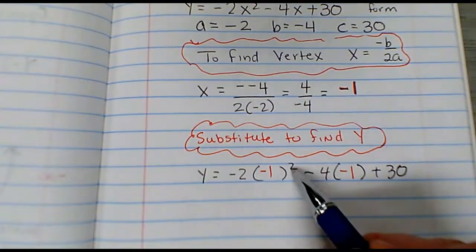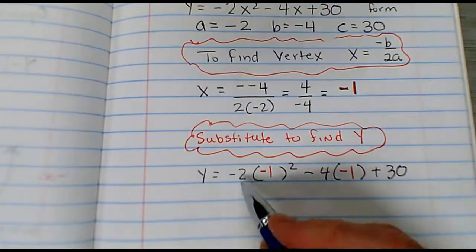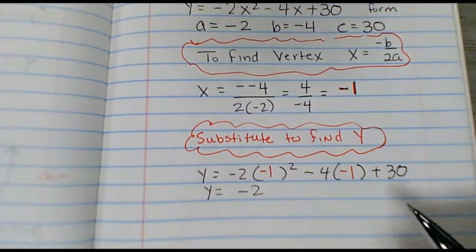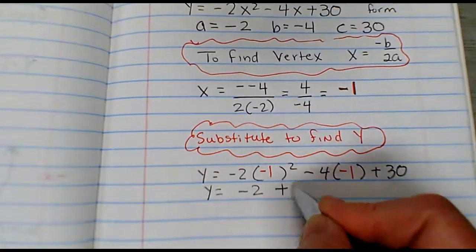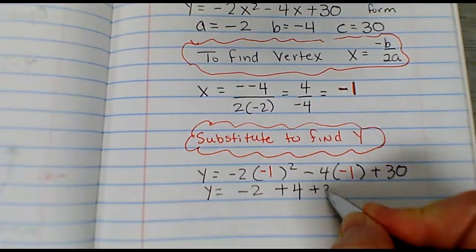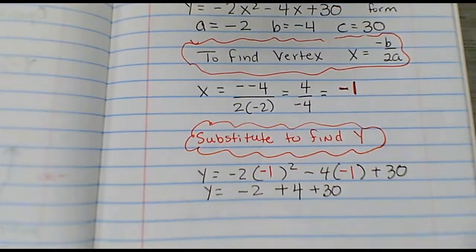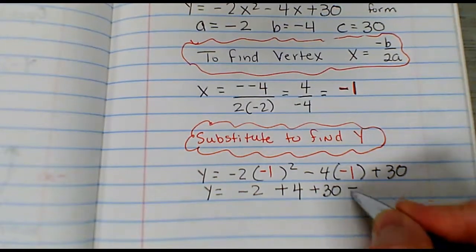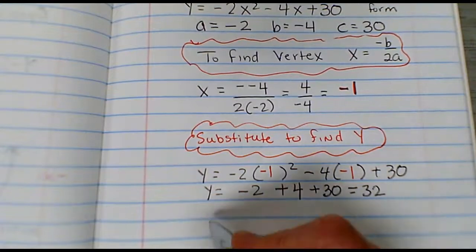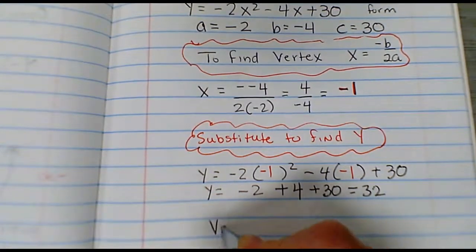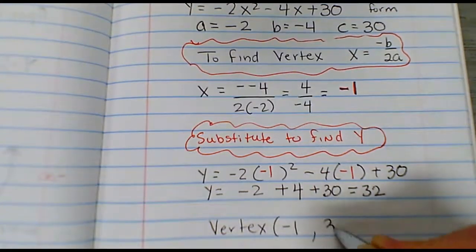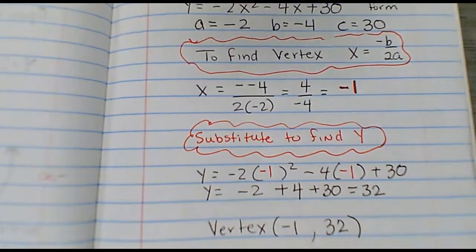Negative 1 squared is positive 1 times negative 2. Negative times negative makes a positive 4 plus 30 equals 32. The vertex is negative 1, 32.